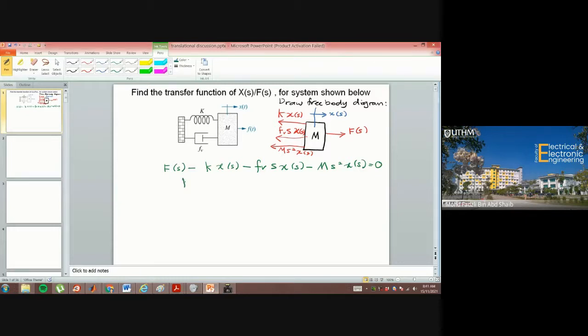Then finally we get FS, and the other terms we bring to the other side: minus FV S XS minus M S squared XS. Is it correct or wrong?